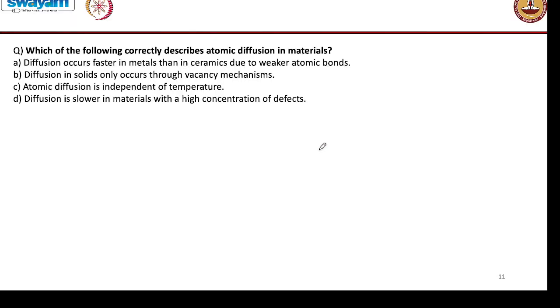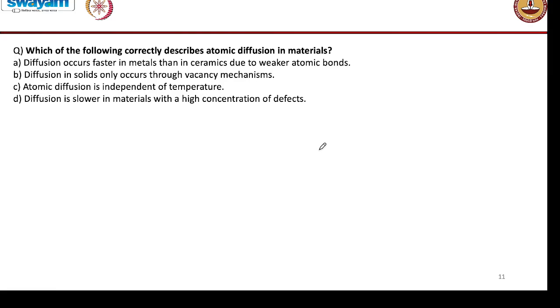Okay, so the next question is regarding diffusion. Just now we studied what diffusion of atoms is, and which one of the following correctly describes atomic diffusion in materials? The first answer: diffusion occurs faster in metal than ceramics due to weaker atomic bonds. Diffusion in solids only occurs through the vacancy mechanism.